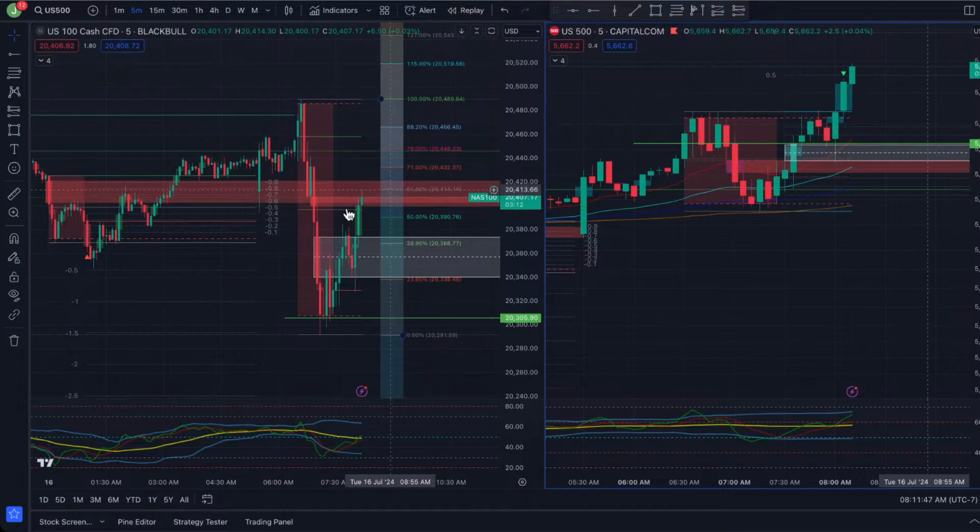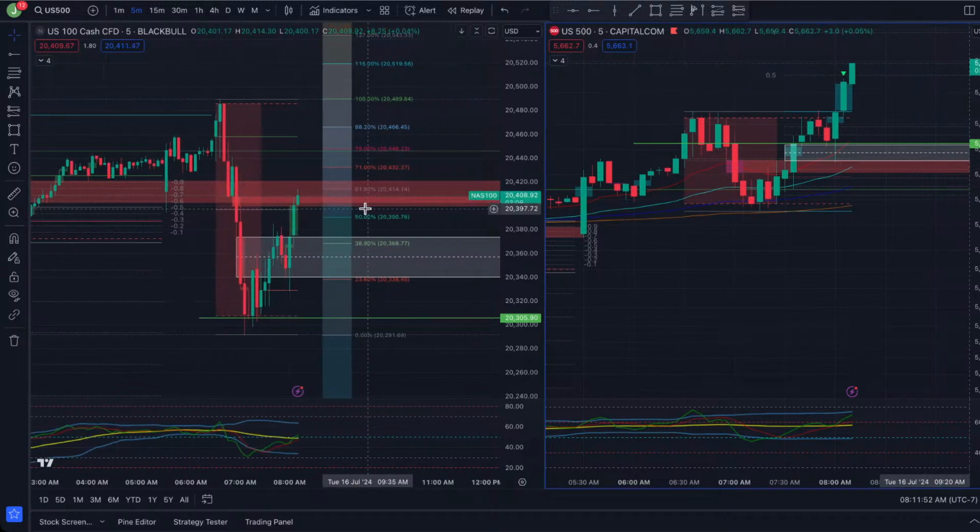We're seeing some rejection here. We're now at the consequence encroachment of both London and New York. I want to see where this candle closes.